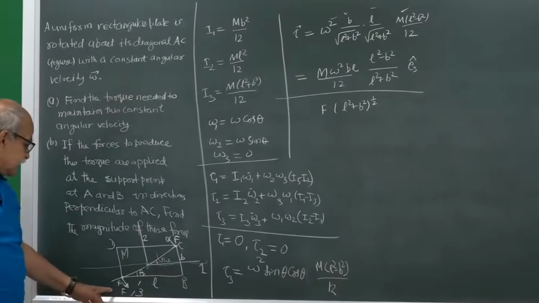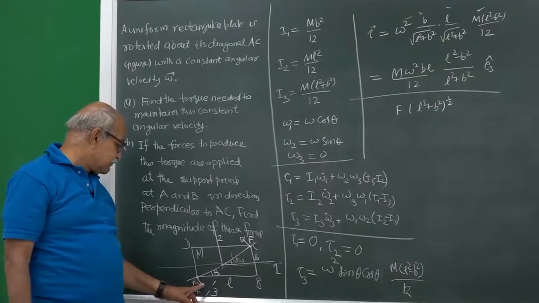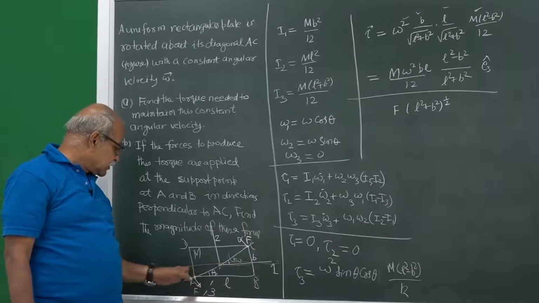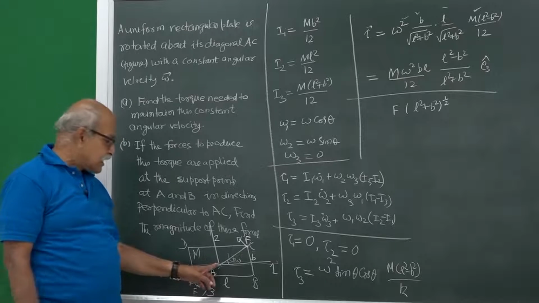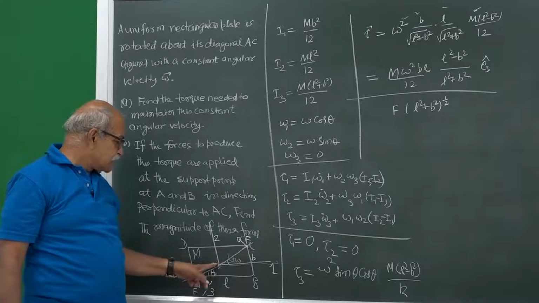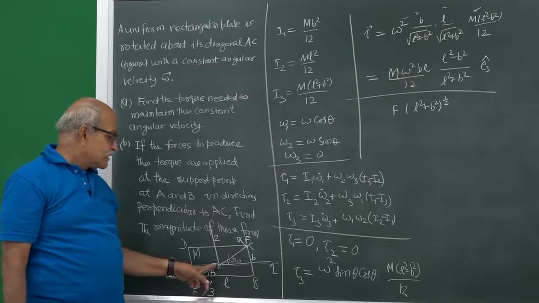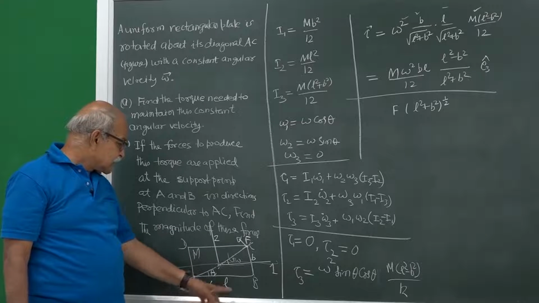Let us see once again. The torque of this F about this point: since it is already perpendicular, it is F multiplied by this length, and here the same thing, F multiplied by this length. Therefore, F multiplied by double this length, that means the whole diagonal, which is the square root of L square plus B square.